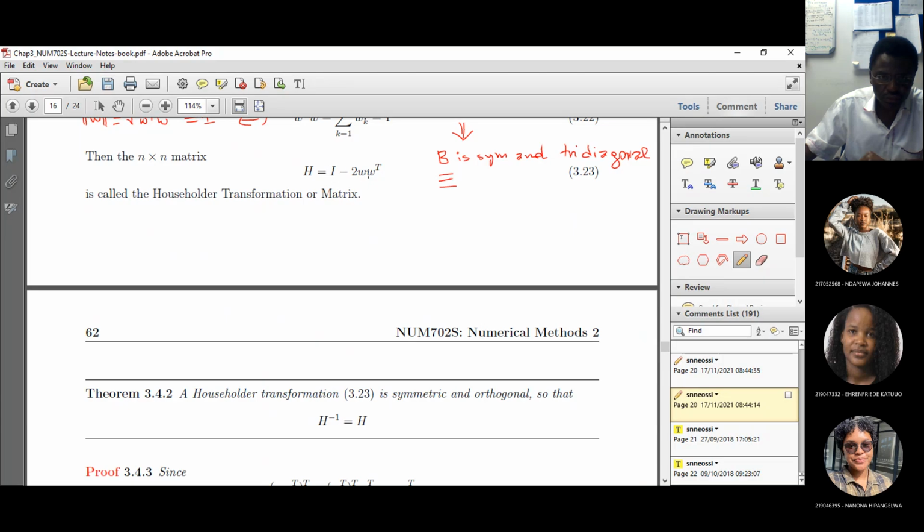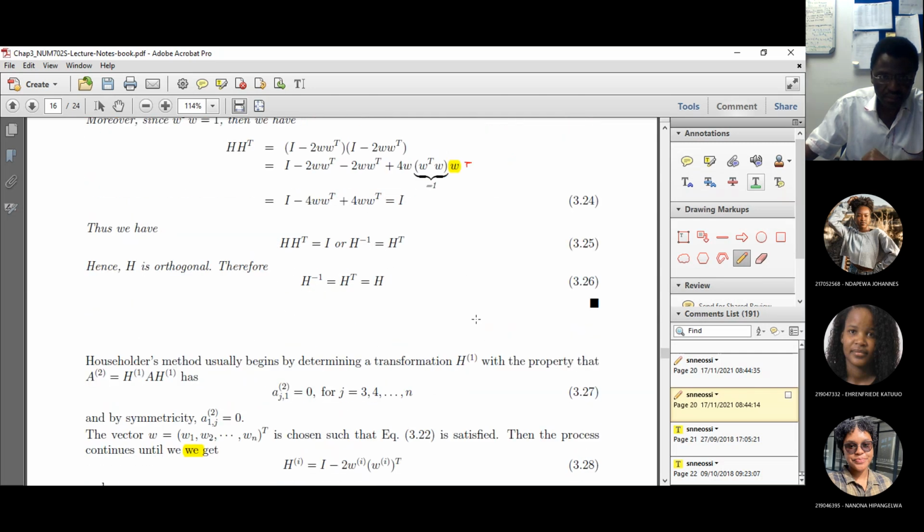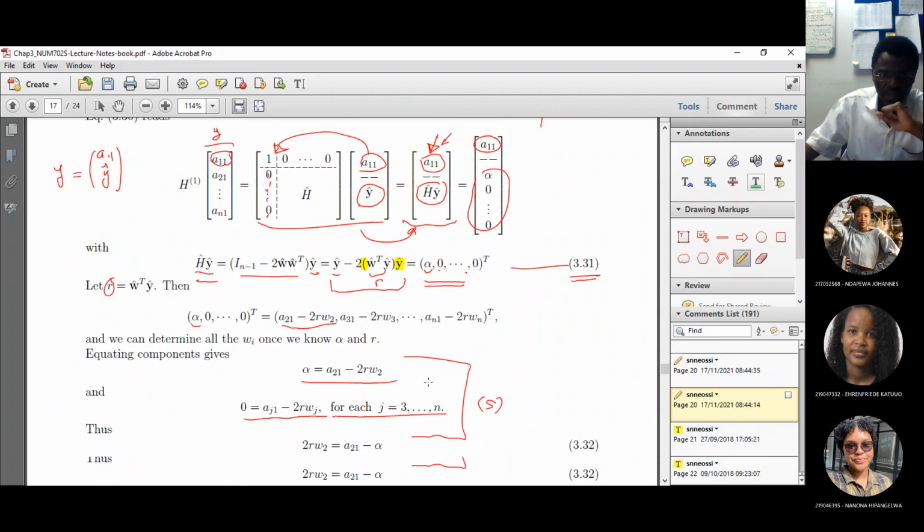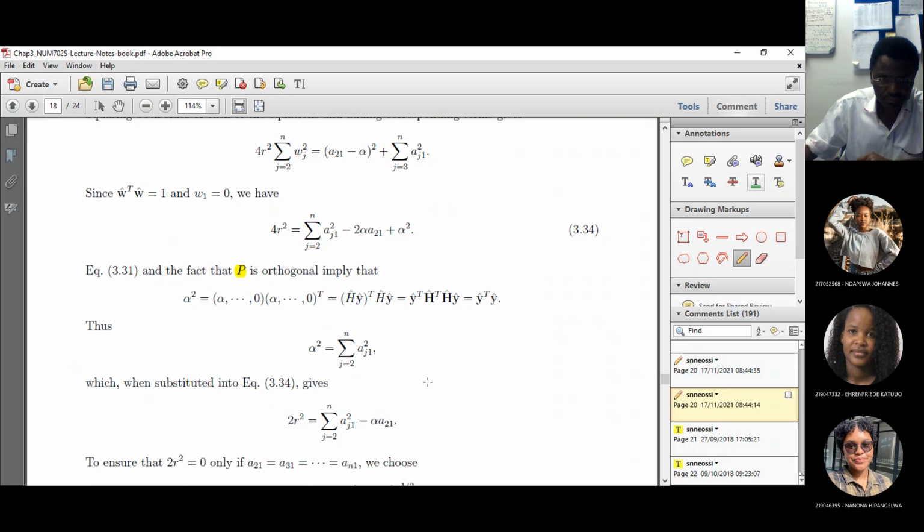So if I know W, I know H. So that's why we compute W each time. Okay, so we'll compute A2 and A3, assuming that the original matrix is A1. Okay, so let's do that.